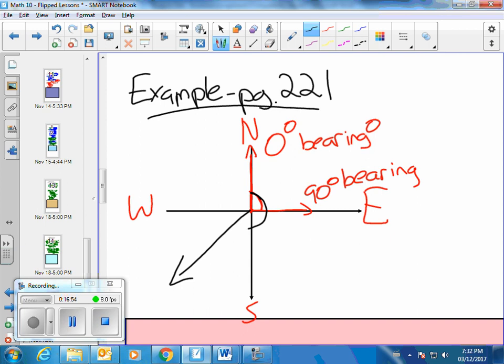I travel it around, and I know that southwest is exactly halfway in between south and west, which means that it's going to be a 45-degree angle, and it is 45 degrees past 180. So I have 180 degrees here. I have 45 degrees right there. That gives me an angle of 225 degrees as a true bearing.